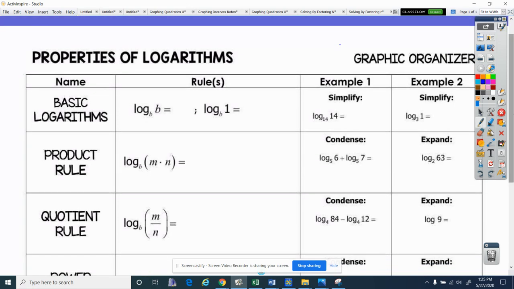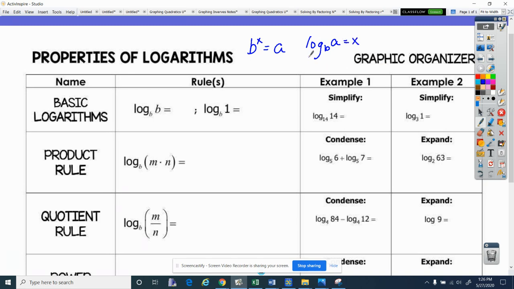What we need to remember for those is that this is where you're going to be converting between log form and exponential form. So remember, exponential form is the base raised to an exponent gives me an answer. So b to the x equals a. In log form, I then have the log of a base of the answer equals x.